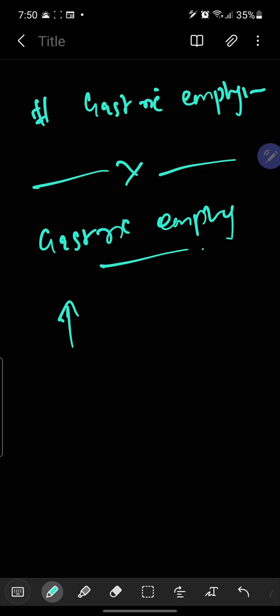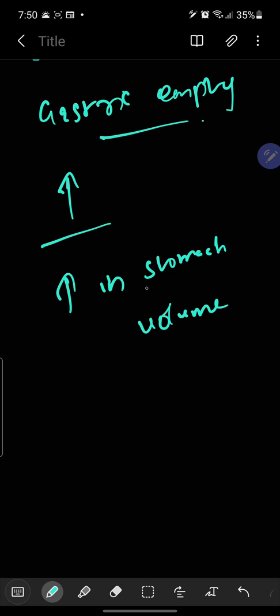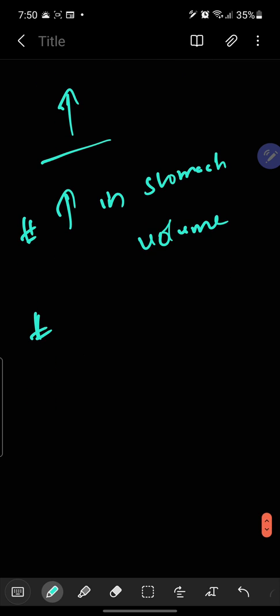Which are the factors which increase gastric emptying? One is increase in stomach volume, a stimulatory factor, because when the food in the stomach increases, it leads to increase in volume and it will promote gastric emptying.